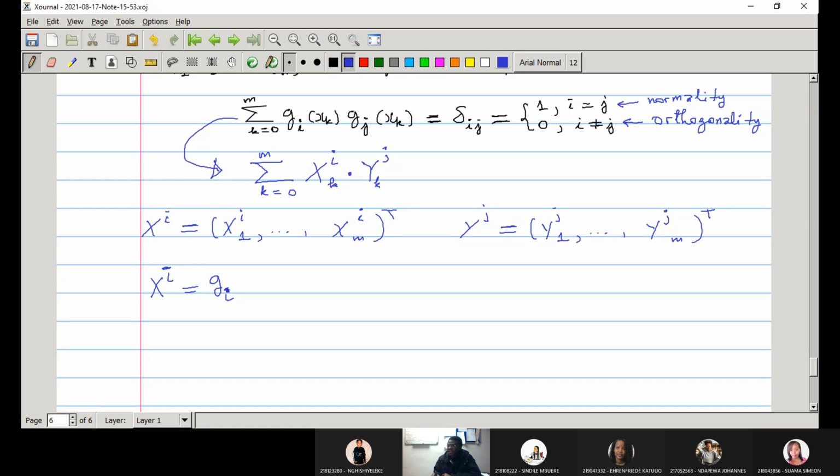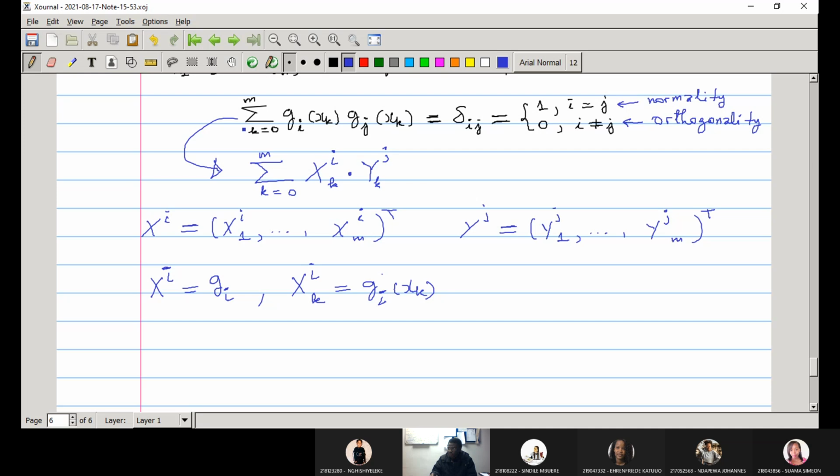Now, if I want a component, I just apply it at the point xk. So if I apply that, because it has that number of components, xi k is just this. So for k equal to 1, I have this one, k equal to 2, next one, up to k equal to m, I have that.